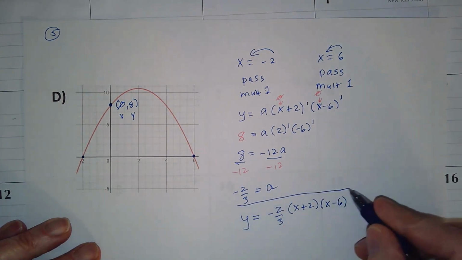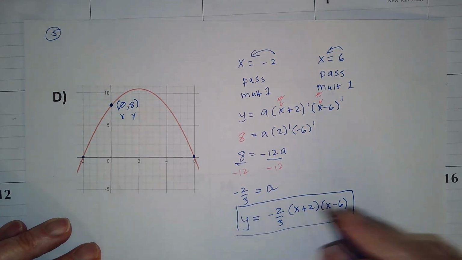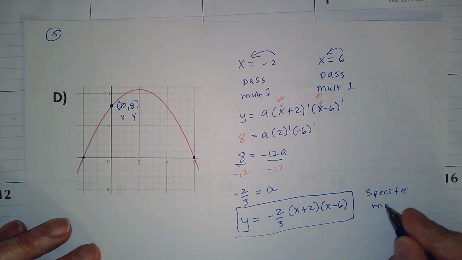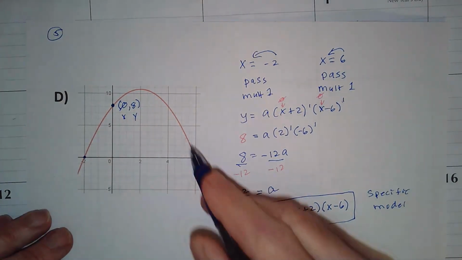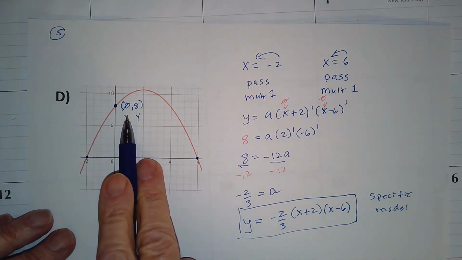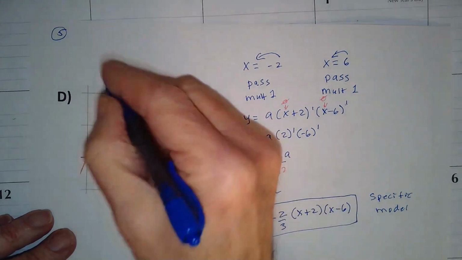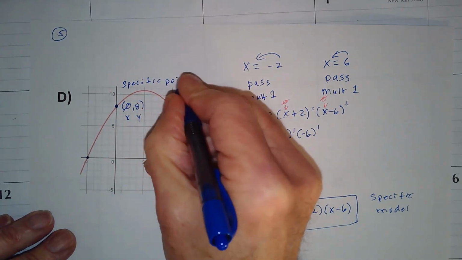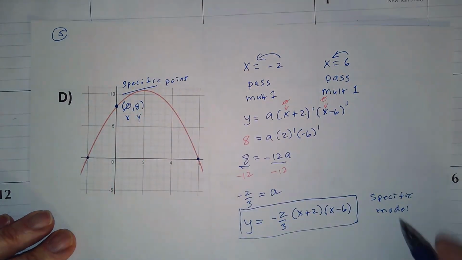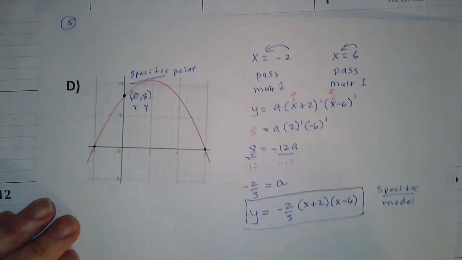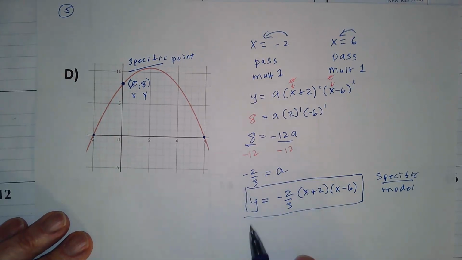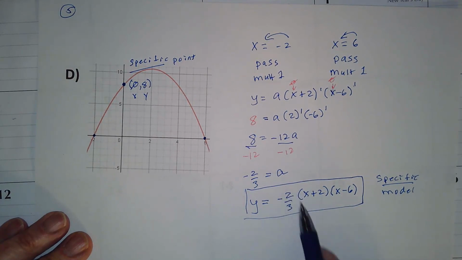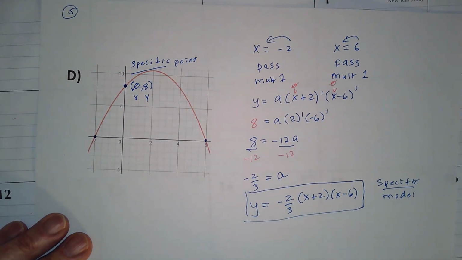So that is our specific model again of this graph where you know a specific point. A specific point gives you the specific model because you're able to put that information into this equation and simplify it to get the A, and that gives you this negative 2/3 here. And that's what we're doing with all of these.